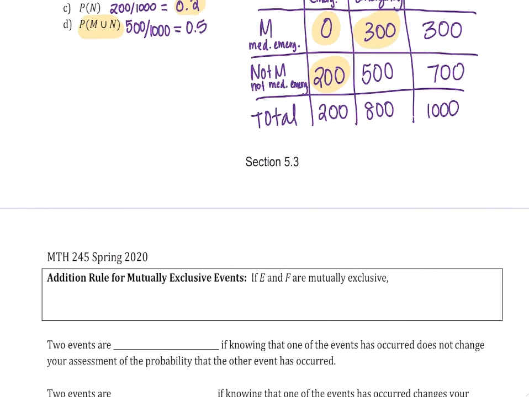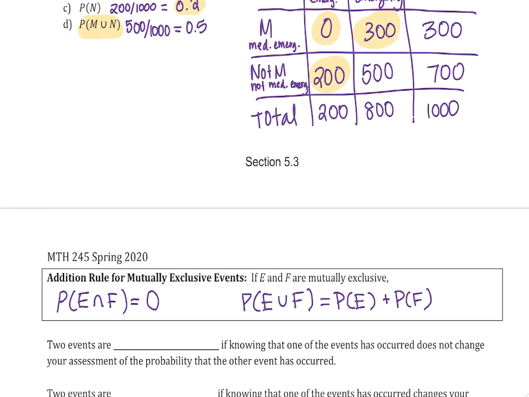So the addition rule for mutually exclusive events is going to go something like this. If E and F are mutually exclusive, the probability of E and F will always be 0. And the probability of E or F will always equal the probability of E plus the probability of F. Now, if you remember back to some of the other tables that we did, when we were looking at the ORs, we had to make sure we didn't overcount that intersection box.